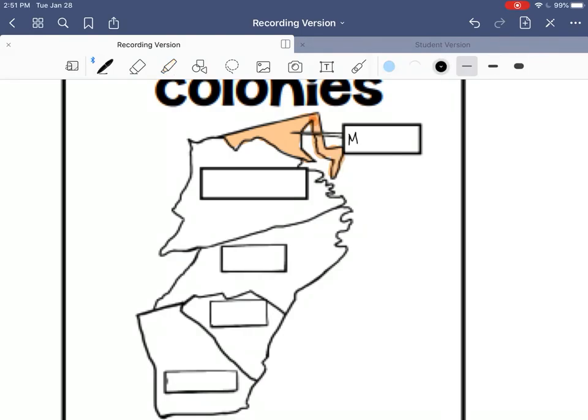It was the original colony, but now a state of Maryland. So Maryland. This big state, one of the most beautiful states, I think, in the whole Union. The countryside is beautiful. They have a beach over here because they're on the Atlantic, and then you have mountains.